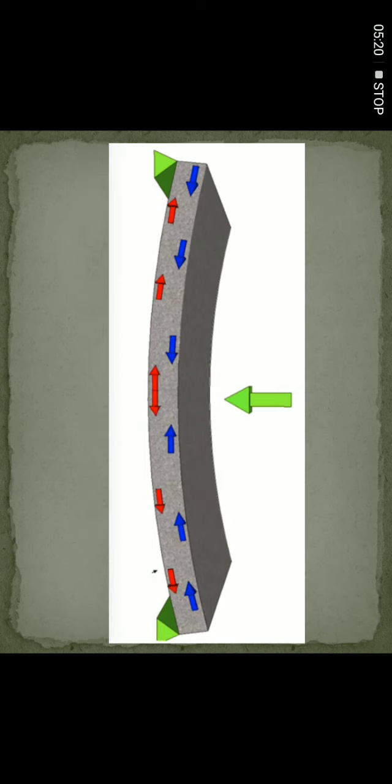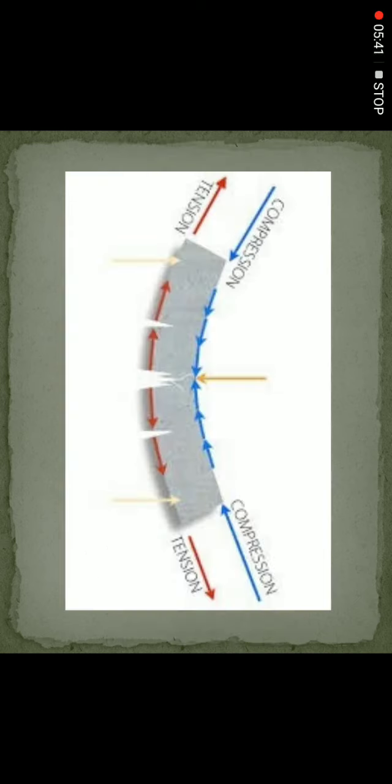This figure exactly shows how the fibers move when the load acts on it. The blue line indicates compression and red arrows indicate tension.